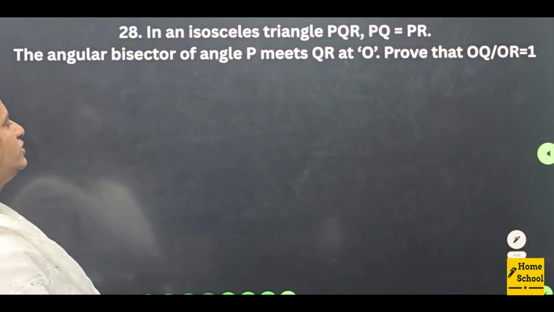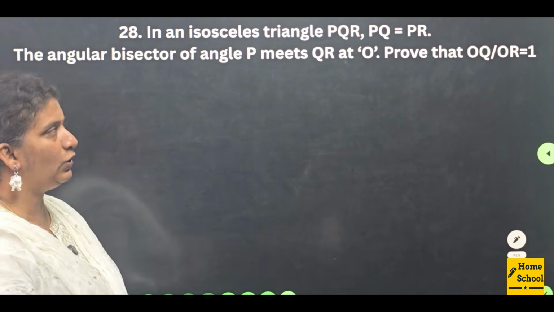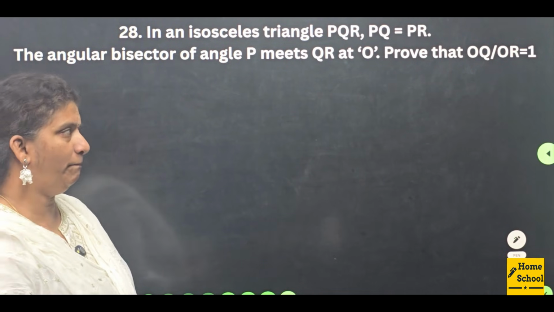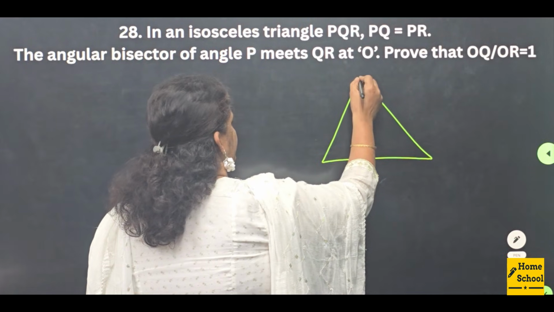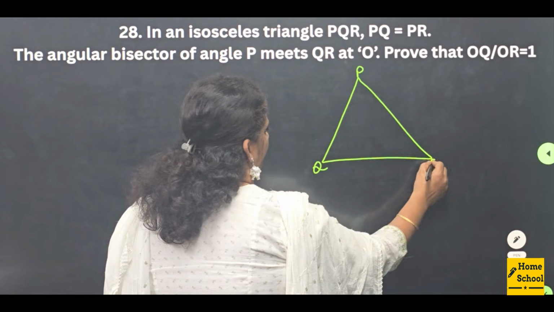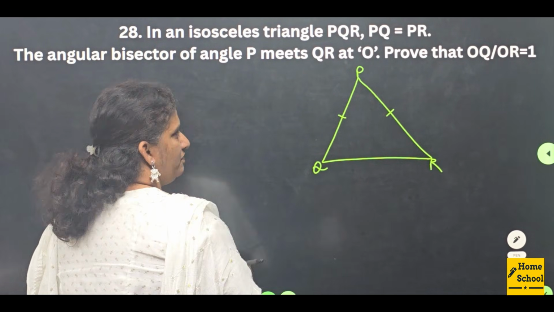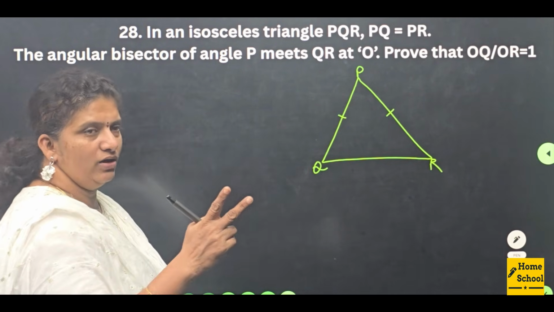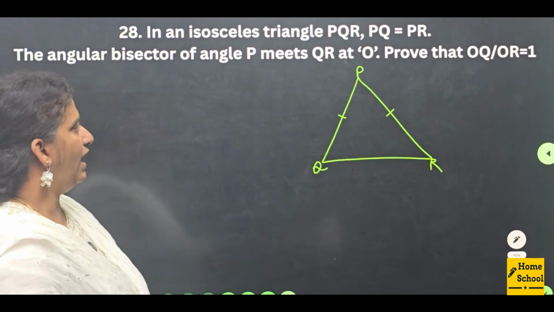Next one, 28. In an isosceles triangle PQR, PQ is equal to PR. Let me draw an isosceles triangle PQR. What do you mean by isosceles? Two sides are equal. What are the two sides? PQ is equal to PR.